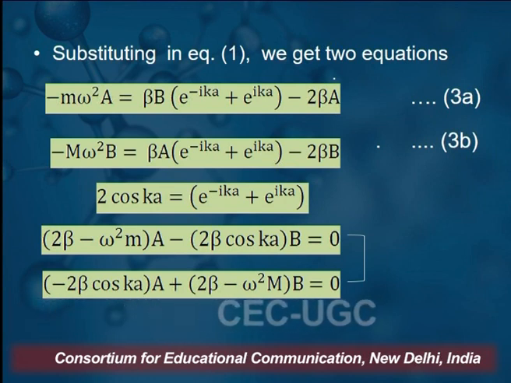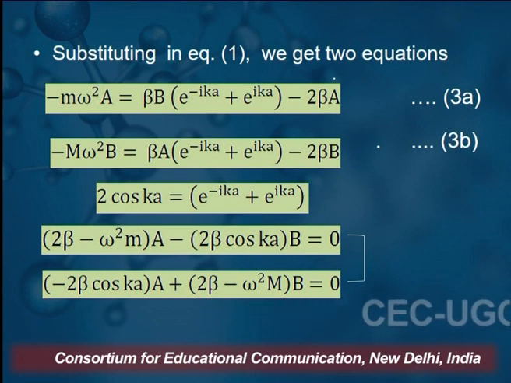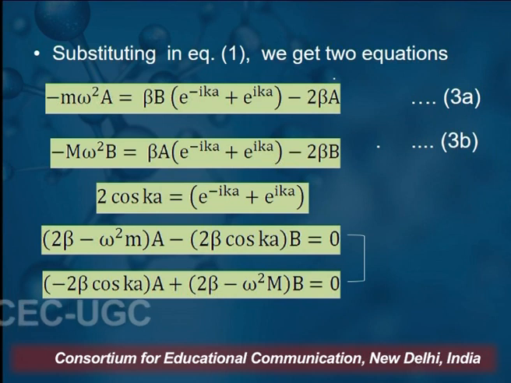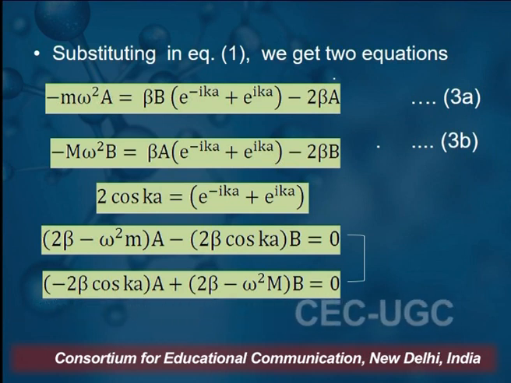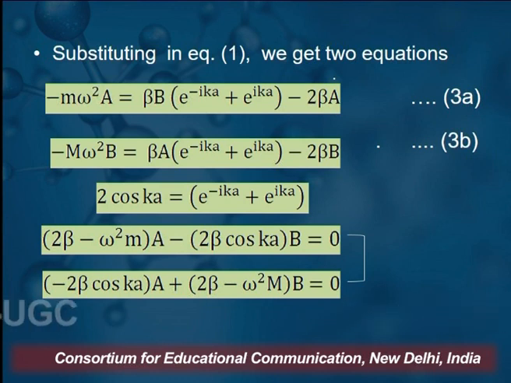Then equation number 3 will take the form 2 beta minus omega square m into A minus 2 beta cos Ka B equal to 0, and the other one will be minus 2 beta cos Ka into A plus 2 beta minus omega square capital M into B equal to 0. These two equations I label as my equation number 4.